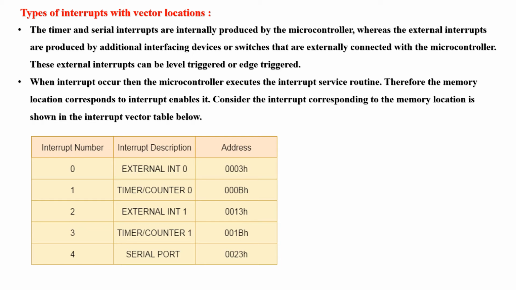At the third level, external interrupt 1 has vector location 0013H, followed by timer counter 1 with vector location 001BH. The last goes to the serial port interrupt with vector location 0023H.